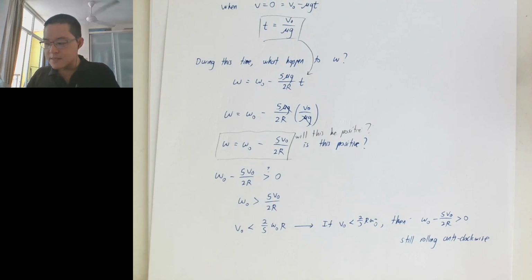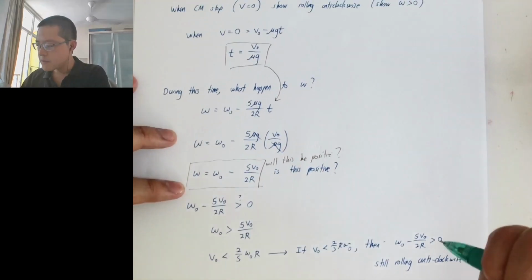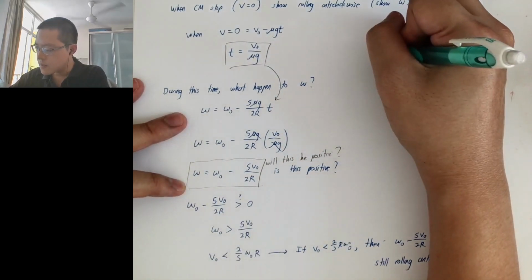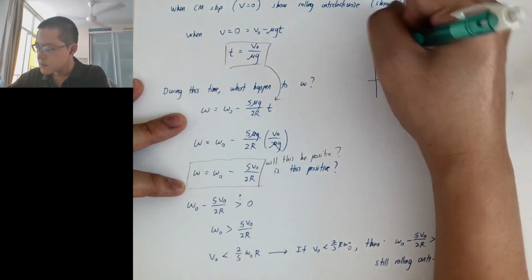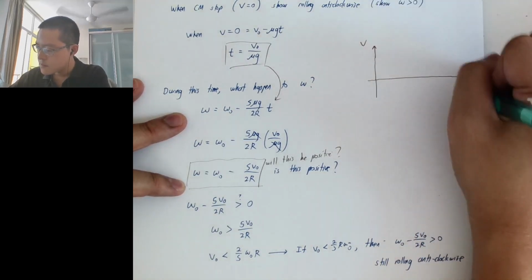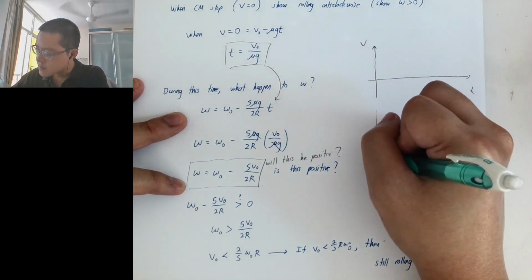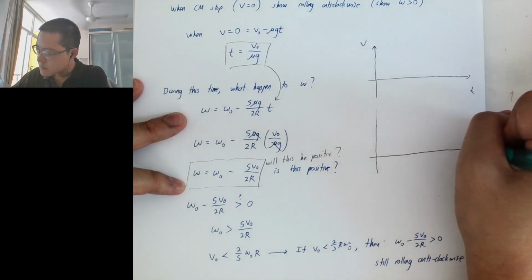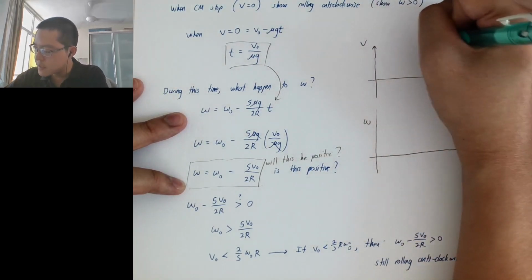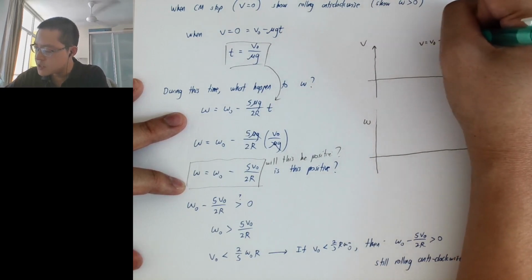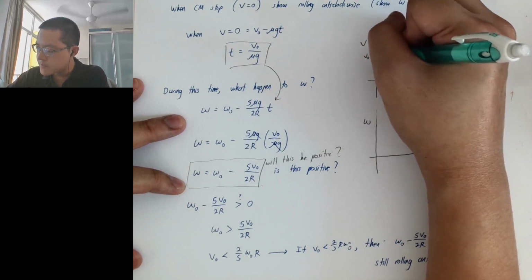Okay, so basically, what we have shown is this. Again, let me plot the graph of V against T, and then the graph of omega against T. V was given by V0 minus mu G T, and the starting point is V0.